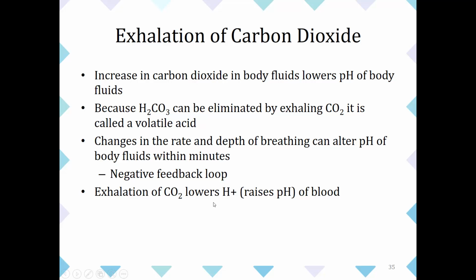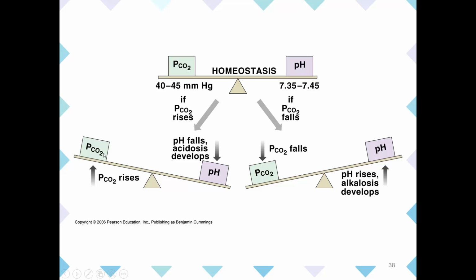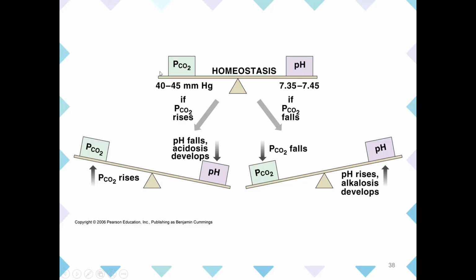Okay? So, too much CO2 causes acidosis. So if we blow off that CO2, we can come back to homeostasis. Too little CO2 causes alkalosis.